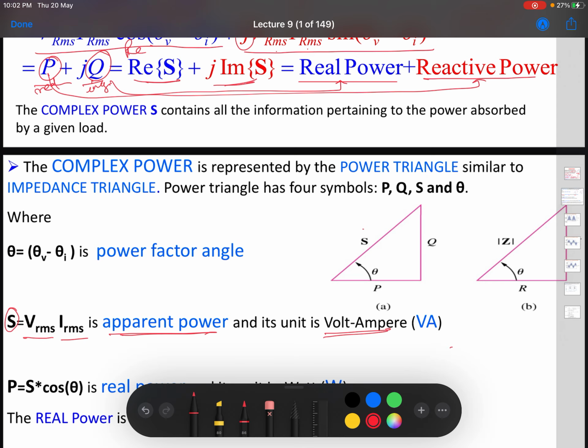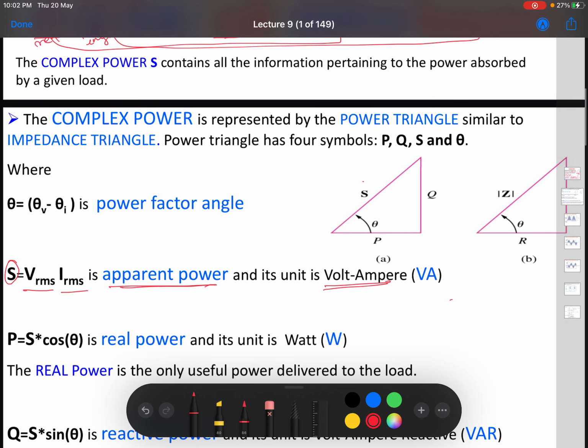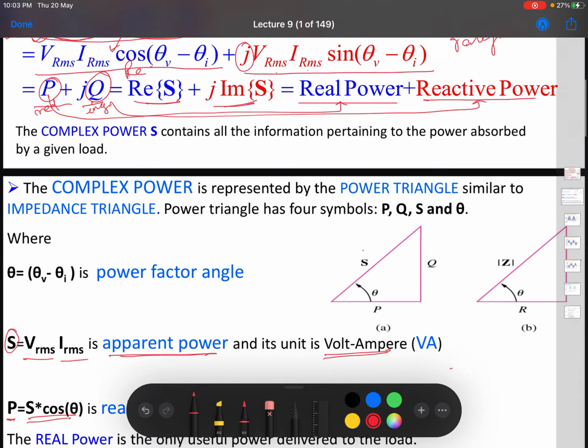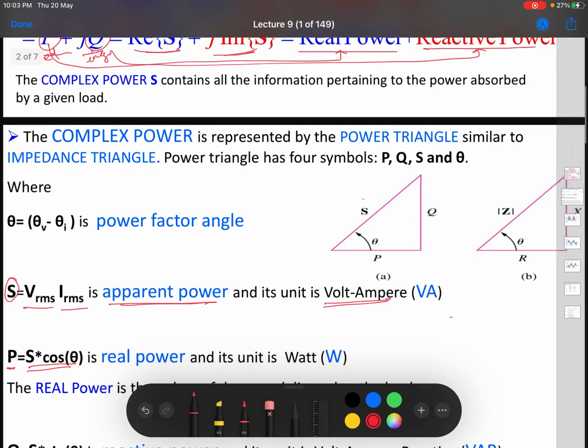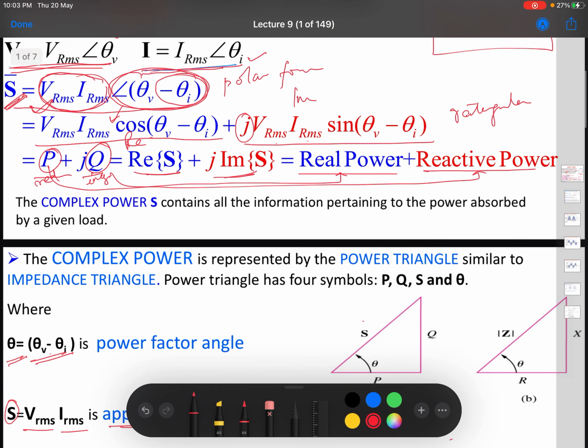It's quite obvious, you are multiplying voltage and current, and that's why you get apparent power. Why do we call it apparent power? We'll see. Then we have P, which is S times the cosine part. This theta is basically the difference of angles, theta V minus theta I, which we did here, this part.